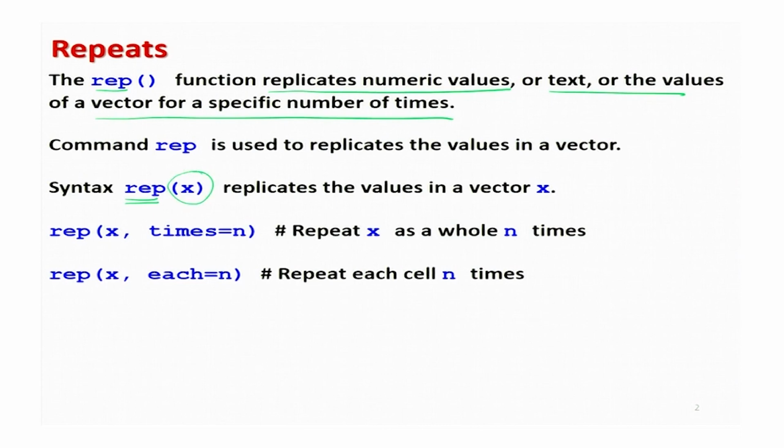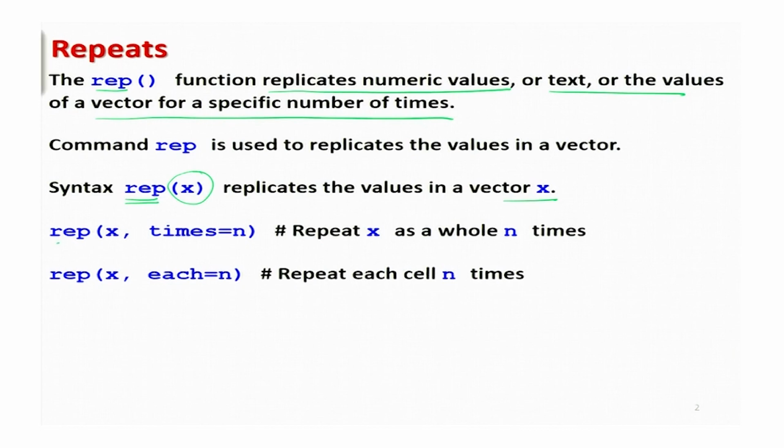For example, suppose there is a vector x and you want to repeat it, so just write rep and inside the parenthesis x. Now you have two options, whether you want to repeat the entire sequence or you want to repeat the values in the sequence. Based on that, we have here two options.